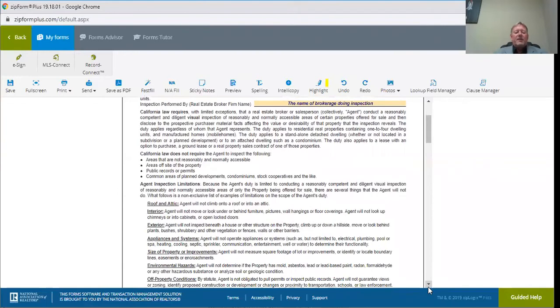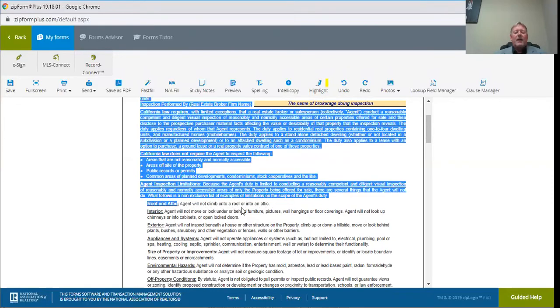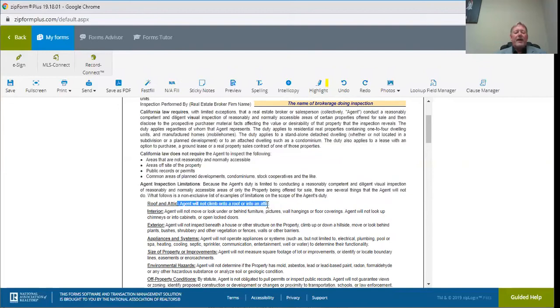The agent inspection limitations talk about the roof and attic itself. The agent will not climb into or onto a roof or into an attic. As far as the interior, they're not going to move furniture or pictures. On the exterior, they're not going to be moving bushes or shrubbery, appliances, and systems.